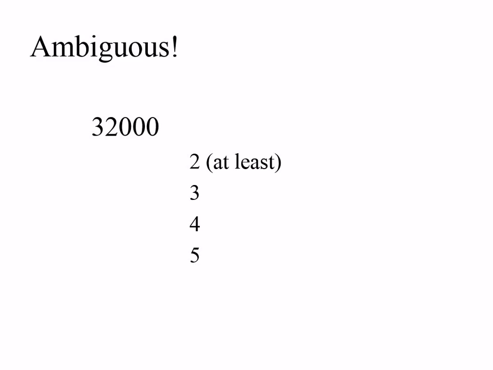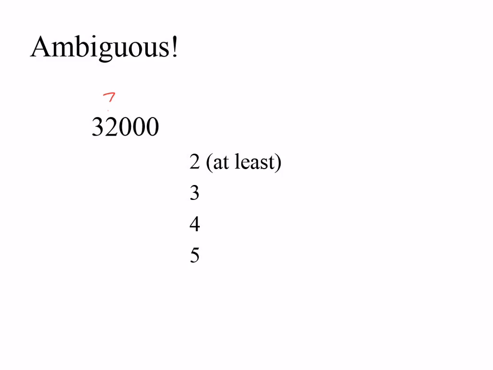Okay, so let's revisit that last rule, rule number 5, trailing zeros before an implied decimal. If we pick on the number 32,000, and somebody says it's a measured quantity, so there's uncertainty, do you buy that the measuring device could have uncertainty in the thousands place, where the 2 is?